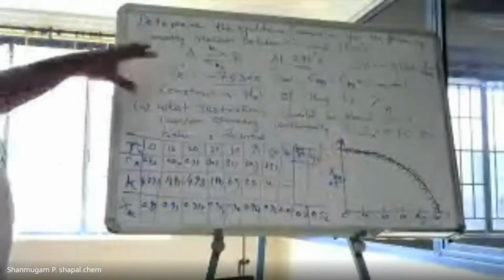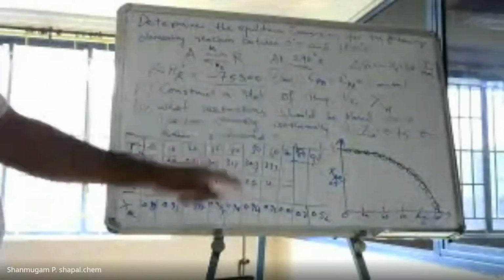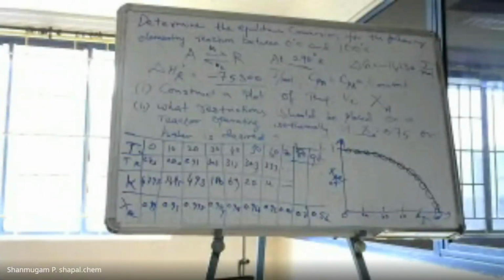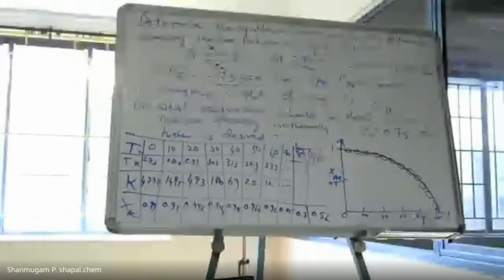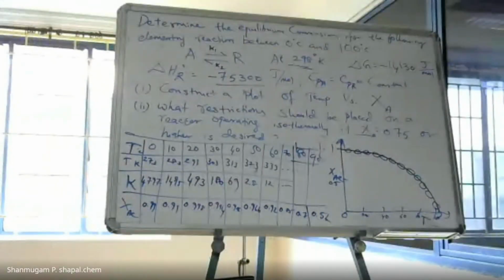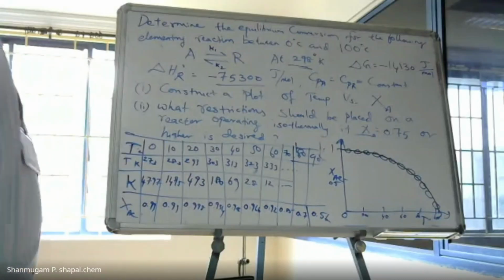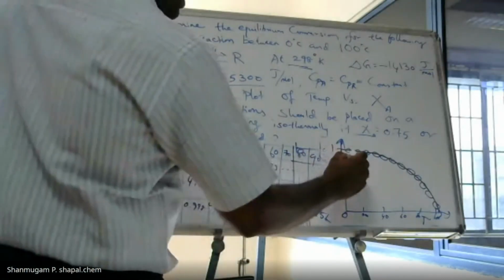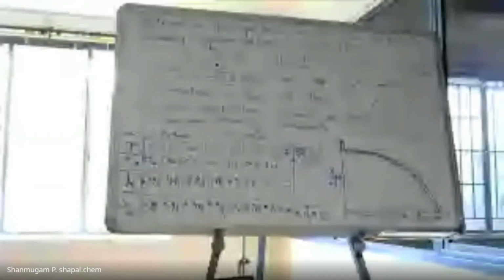The next point is what restrictions should be placed on a reactor operating isothermally if a conversion of 0.75 or higher is desired. That means at 75% conversion, you draw this.